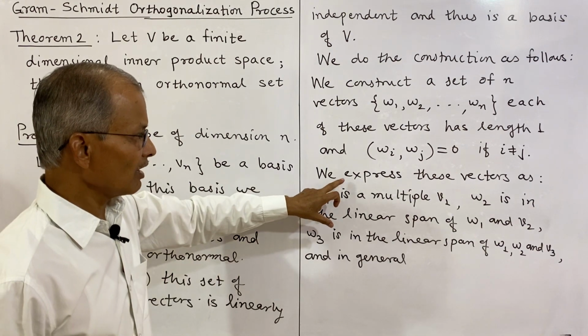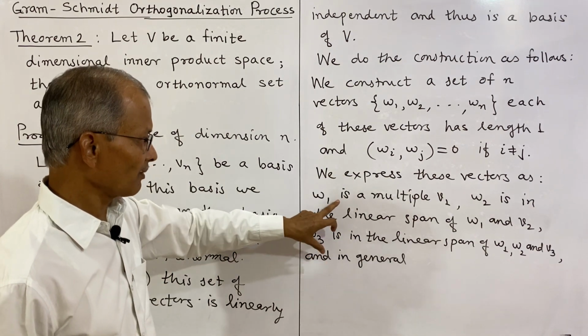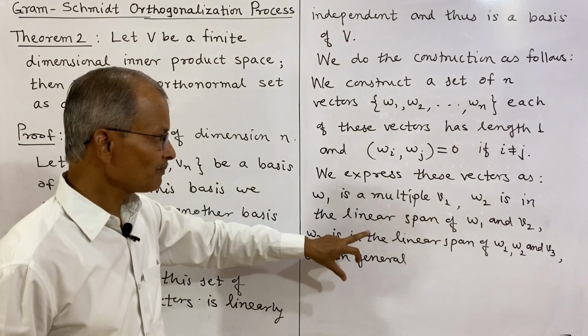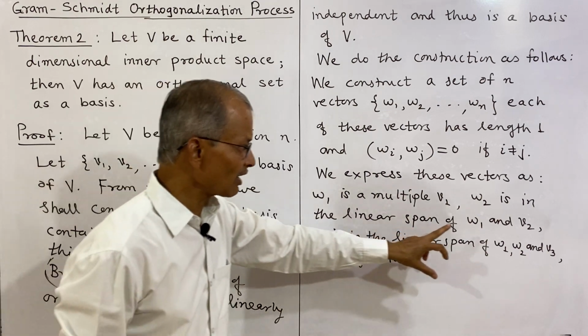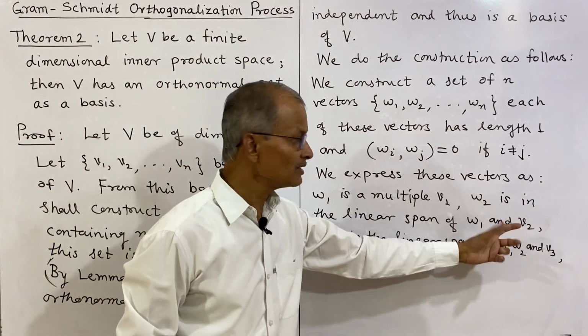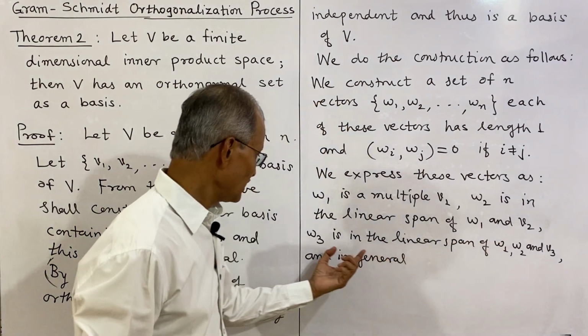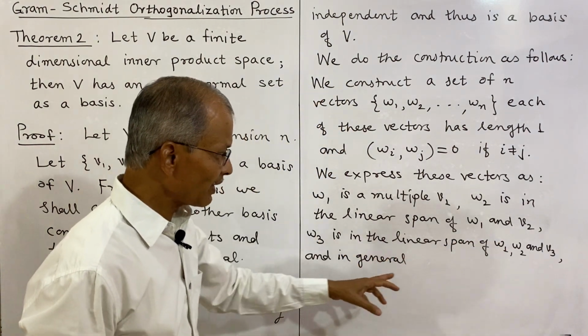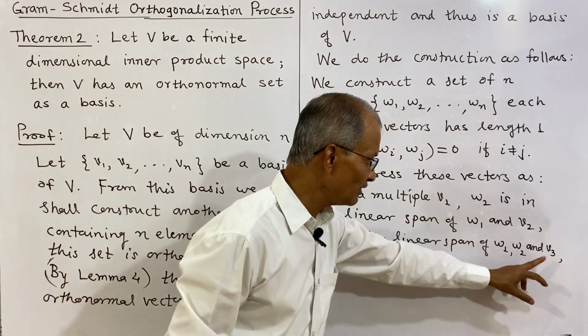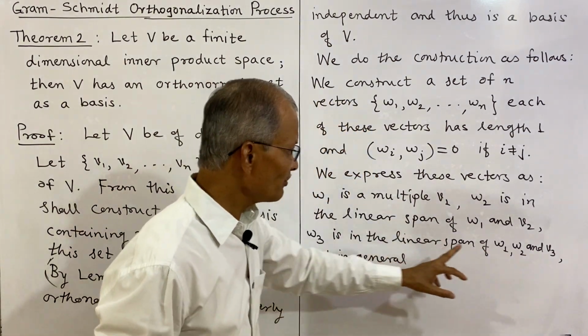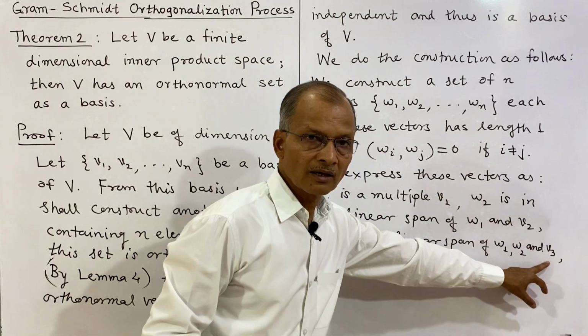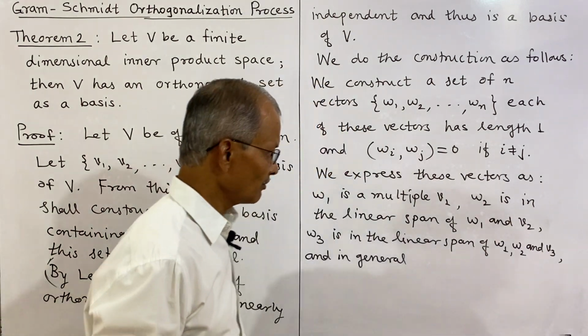So we express w in this way. w1 is a multiple of v1, w2 is in the linear span of w1 and v2, means w2 is a combination of w1 and v2. Similarly, w3 is in the linear span of w1, w2 and v3, means it is a linear combination of w1, w2, v3.